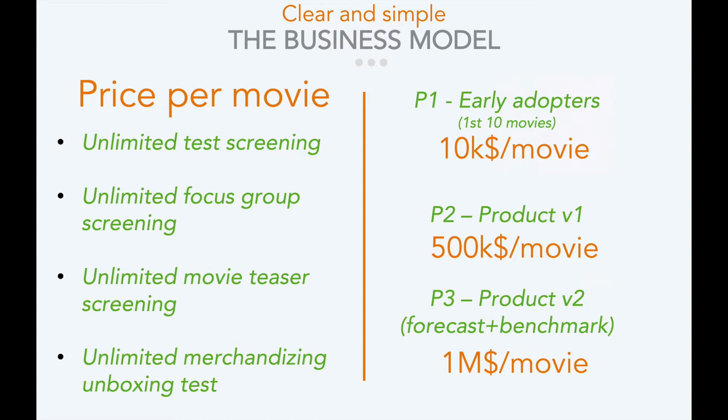To address the market, we will have three phases. $10K per movie for the early adopters, $500,000 in phase 2, which is, by the way, less than 0.5% of an average movie budget, and at the end, when our killer forecasting features will be ready, $1 million per movie, which would still be a gift.